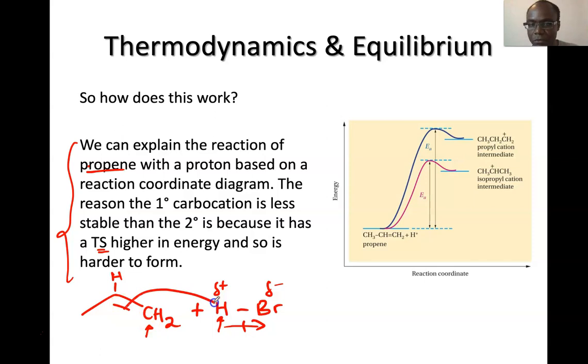So use your pi bond to grab the hydrogen. When that happens, this hydrogen right here is going to be added where the CH2 is, rather than where you have the CH, according to Markovnikov addition.